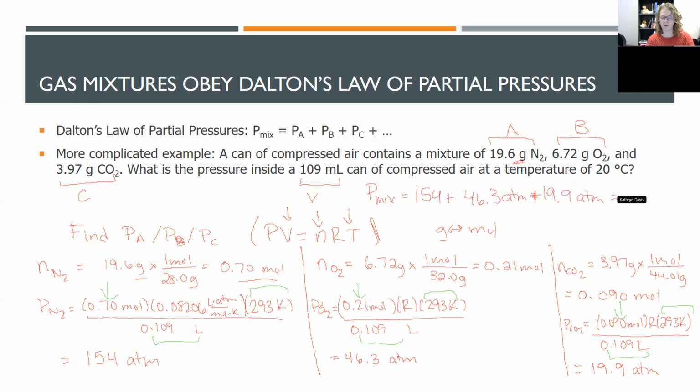So overall then, 154 plus 46.3 plus 19.9 is 220.2 atmosphere. Super high pressure in there, and that's okay. Again, this is a can of really, really compressed air, so it's going to be a lot more than atmospheric pressure.